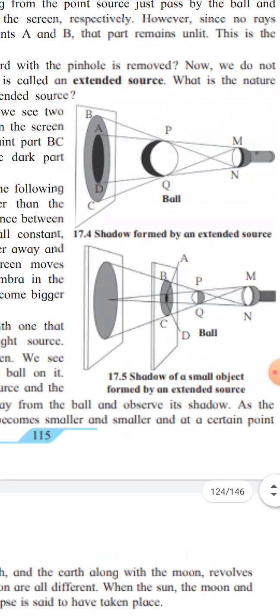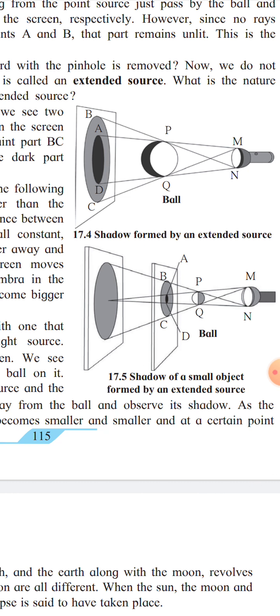Have you seen this in Figure 17.5? Shadow of a small object formed by an extended source. From that you will understand that an extended source is a source of light which is bigger in size, and the light emerging from the torch is called an extended source.